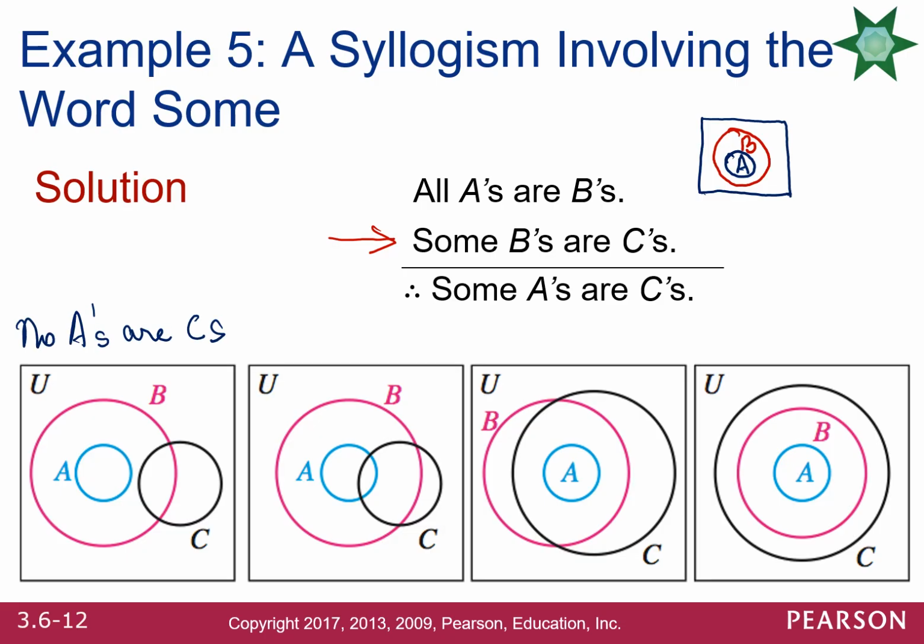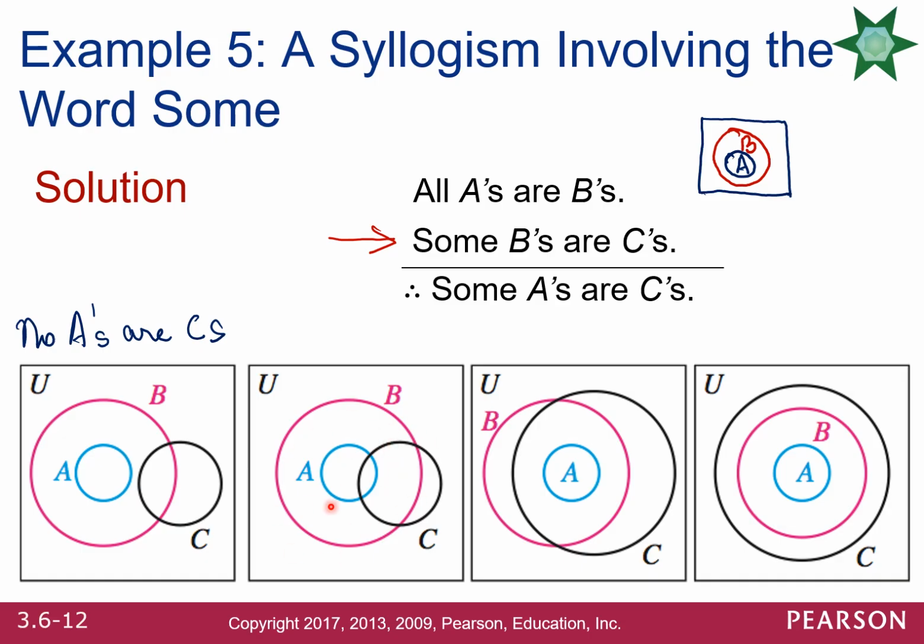A and C are completely disjoint sets, even though some B's are a part of C. A has nothing to do with C. As we can see, this particular diagram refutes what the argument says. The argument says some A's are C's, but this particular diagram says no A's are C's. All right, let's look at the second one anyway.